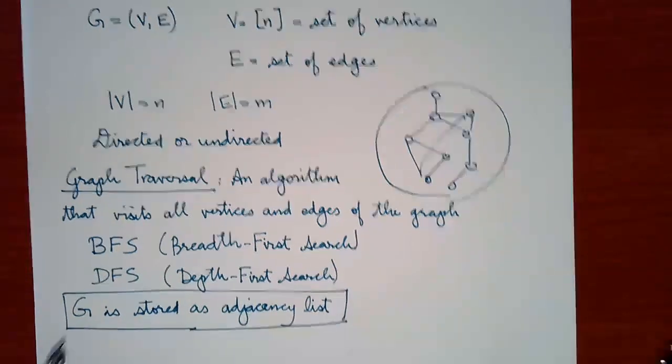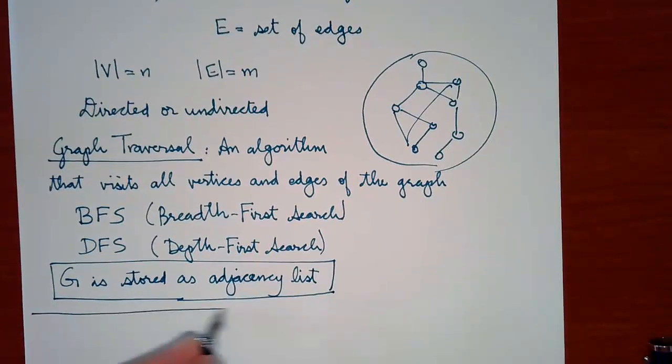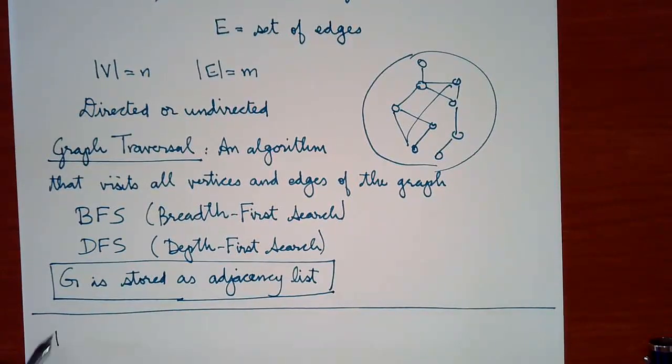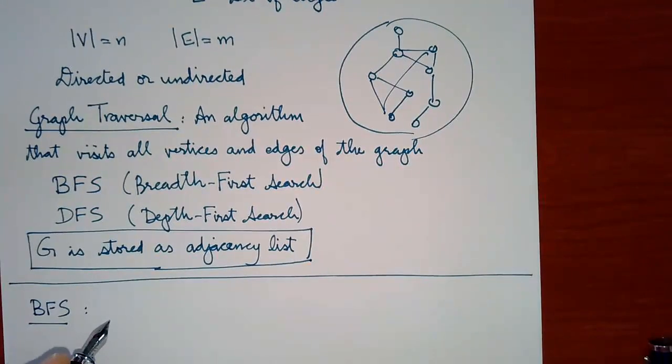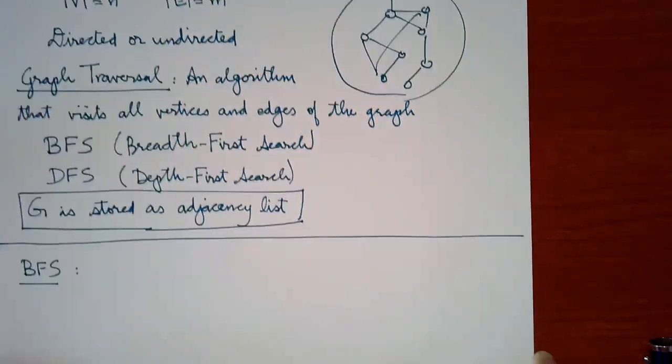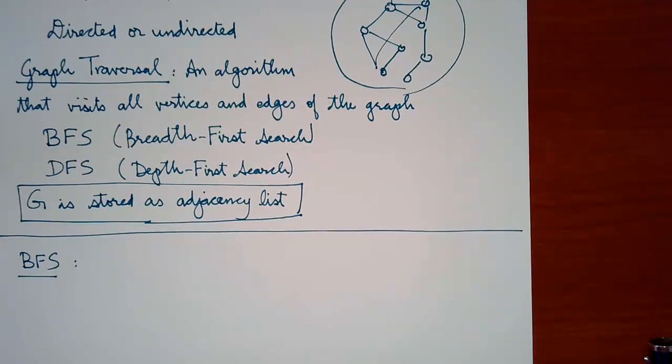Okay, so let me give you a review of BFS. So what does BFS do? At the face of it, I'm just going to write out a very simplistic code over here, and then I'll give you sort of the real code.